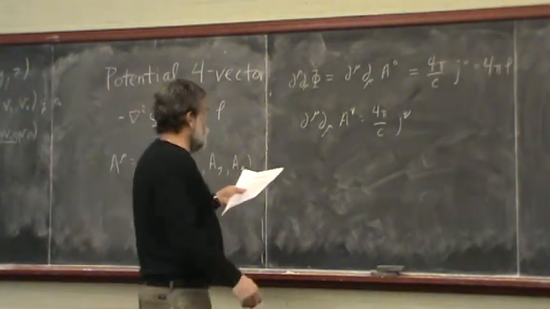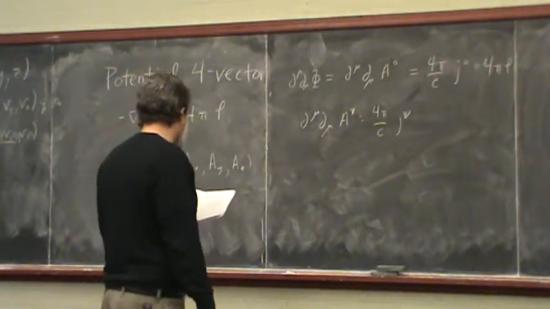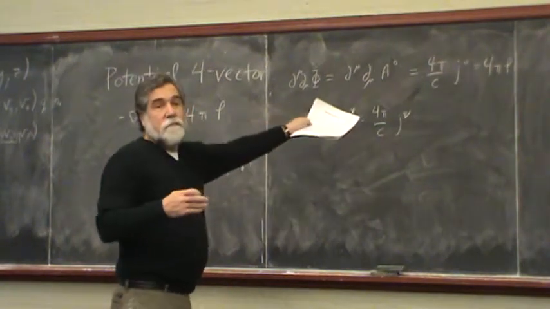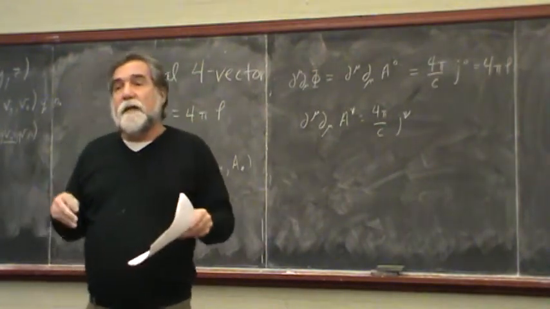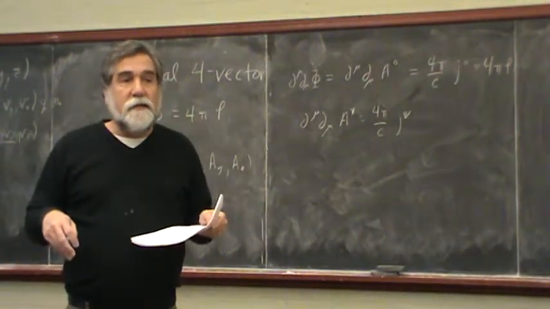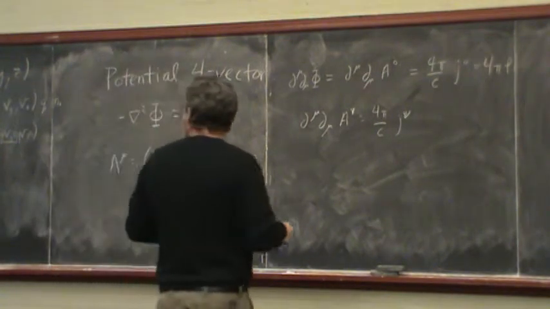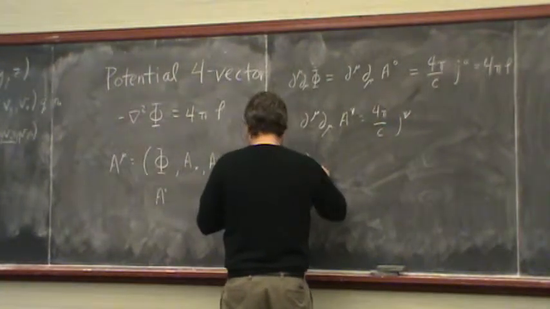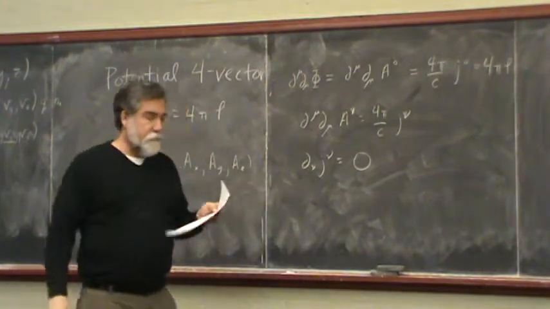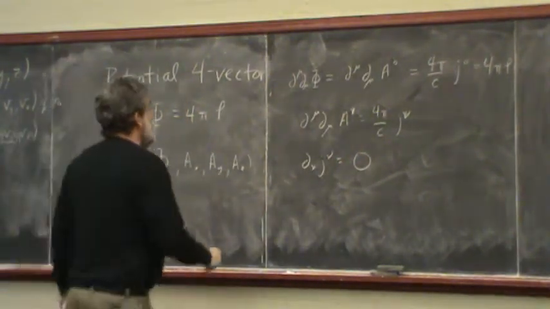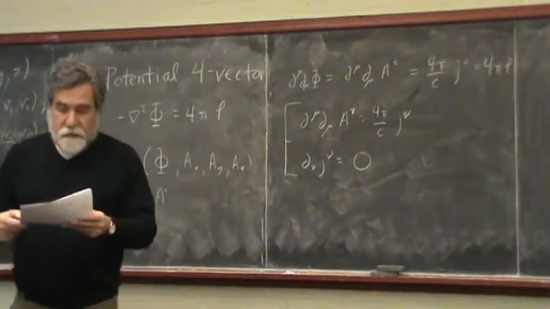Now we want to figure out what the form of that A vector is, that 4 vector. We've already said all the terms have got to obey this, but we have one extra constraint to add, which is a continuity equation, or conservation of charge. So we want to obey both of these sets of equations with whatever four vector we create.